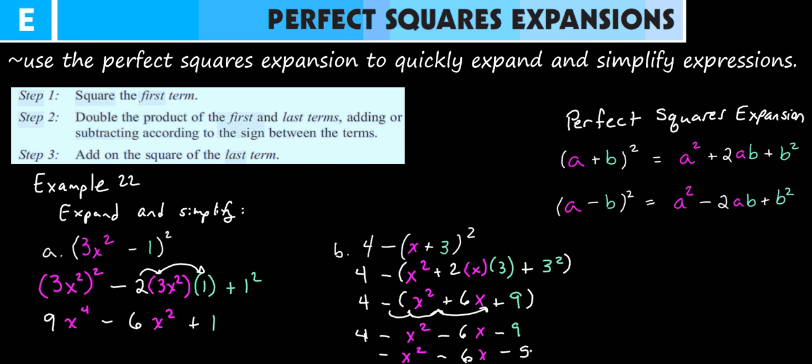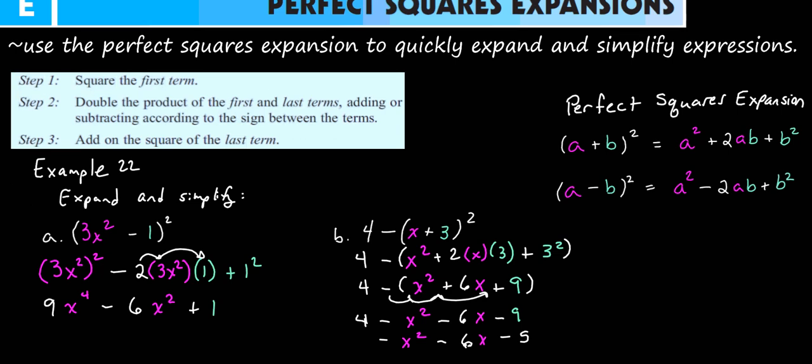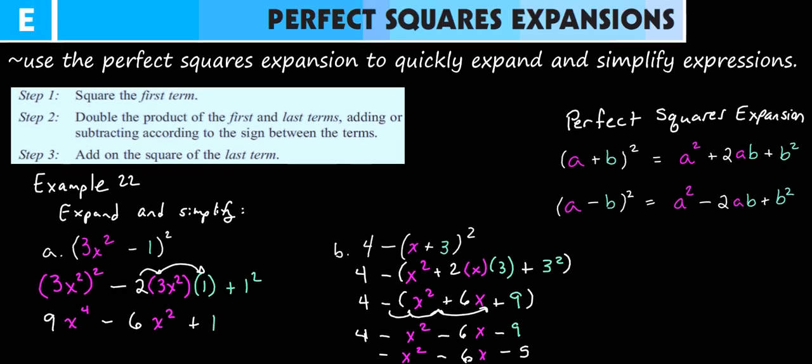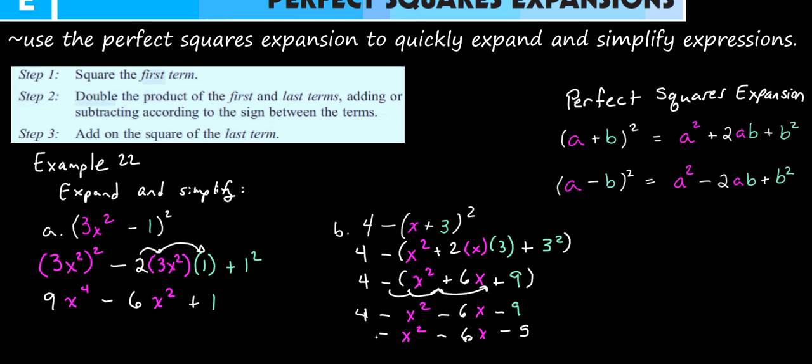It's minus 5 because 4 minus 9 is negative 5. Okay? All right. Let's just go down a little bit. Oh, don't want to mess things up anymore. Okay. So there's your final answer.